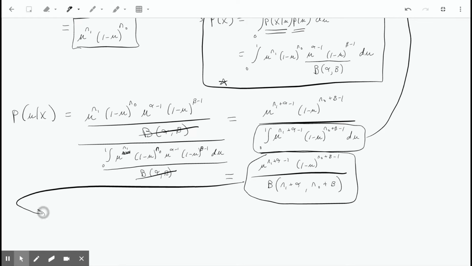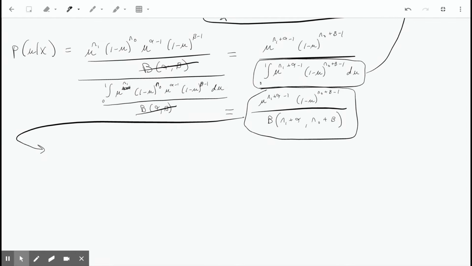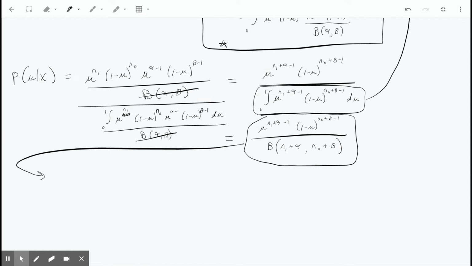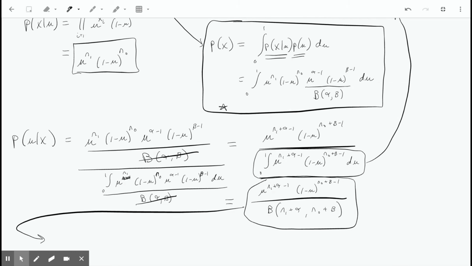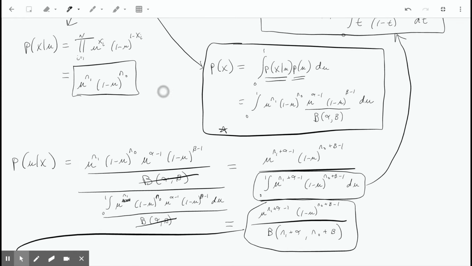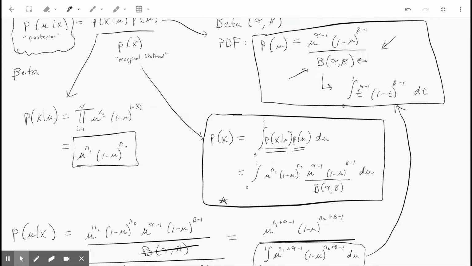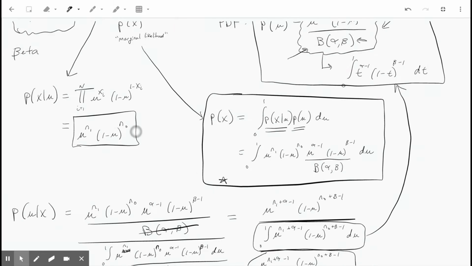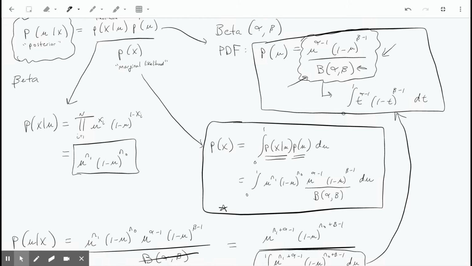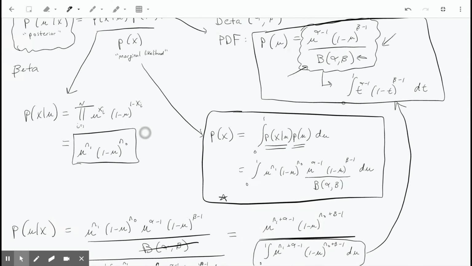So let's bring it back over here. And let's notice that this posterior distribution is actually just the same form as our beta prior. This is a beta PDF, except now, you notice it's mu to the something, 1 minus mu to the something over the beta function.